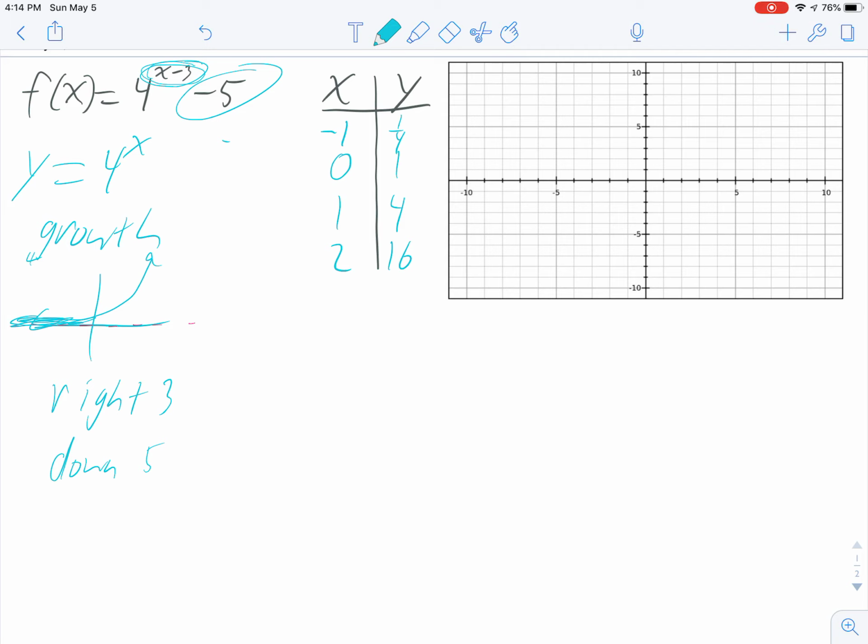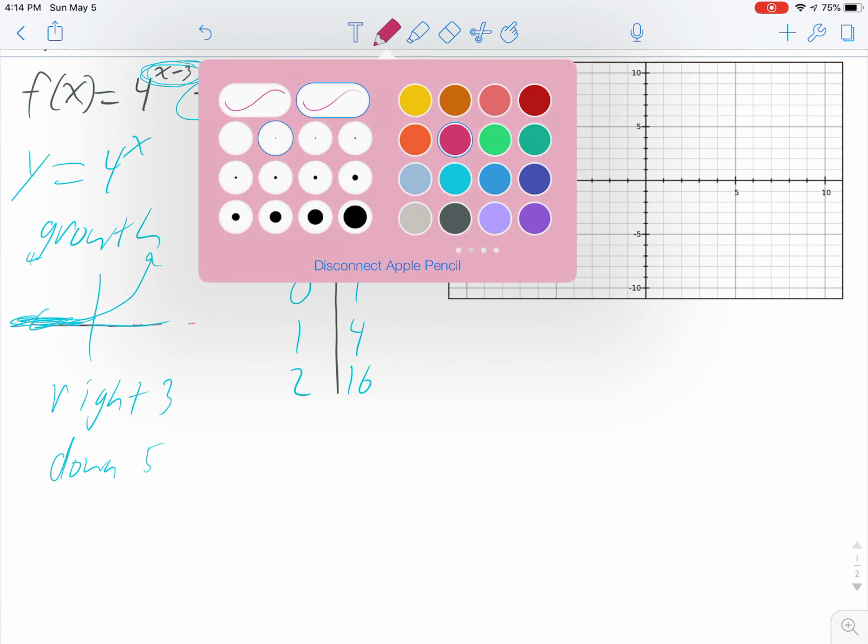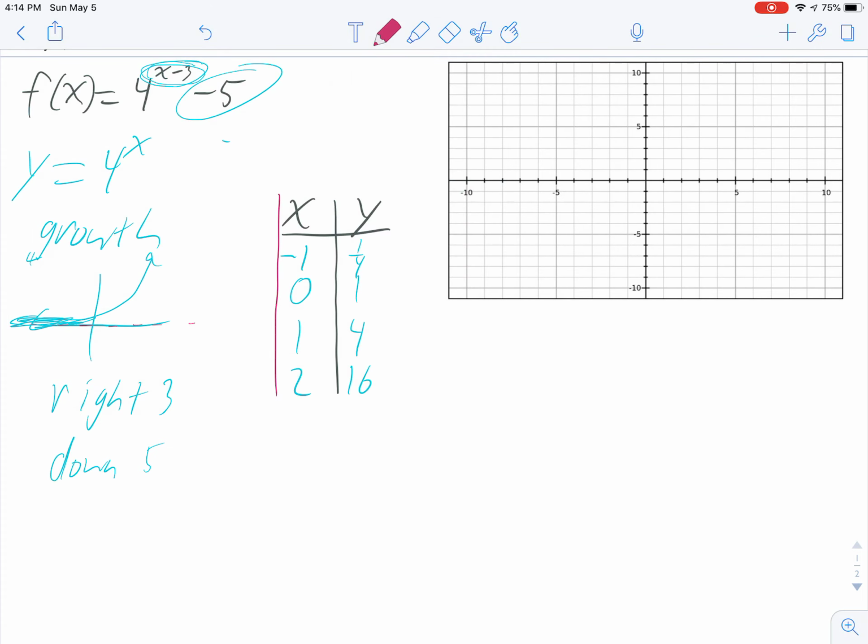Now I like to apply those transformations to the critical points. I'm just going to move this down a little so I have a little room to work with and change colors. So there's two transformations taking place. There's right 3, which is affecting the x value. Now this is the one that's always a little confusing because remember that with x minus 3 moving things to the right 3, everything's kind of backwards.